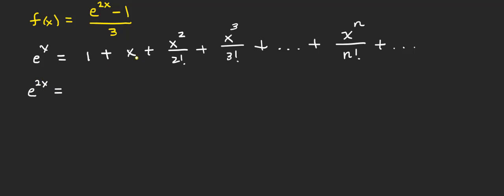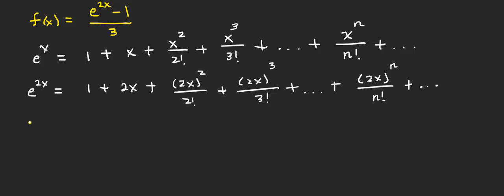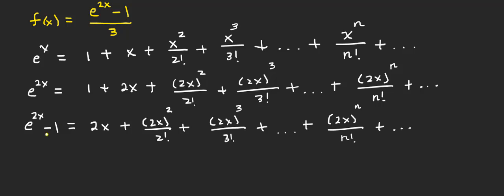So all you've got to do is, instead of x, plug in 2x. Now we need to find e to the 2x minus 1. Well, since this is e to the 2x, when you subtract 1, this 1 goes away, so you're just left with these. Now we need to multiply this by 1 over 3.